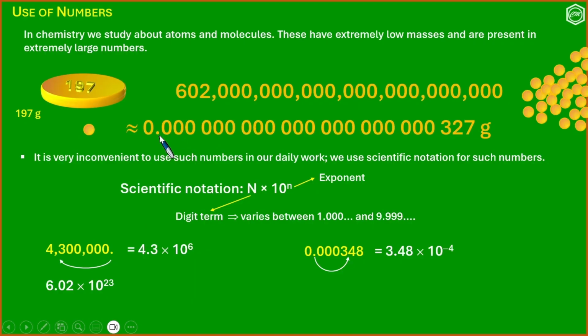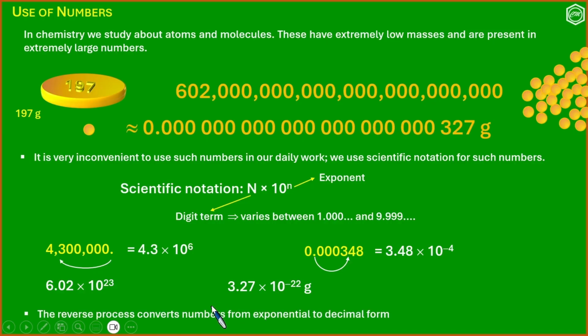We move the decimal 22 places towards right, so that the digit term is 3.27. So it is 3.27 into 10 raised to minus 22 gram. The reverse process converts numbers from exponential to decimal form.